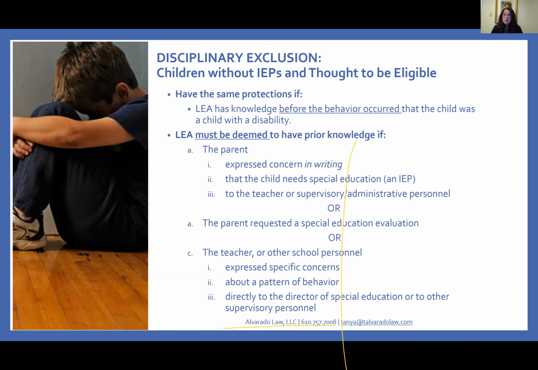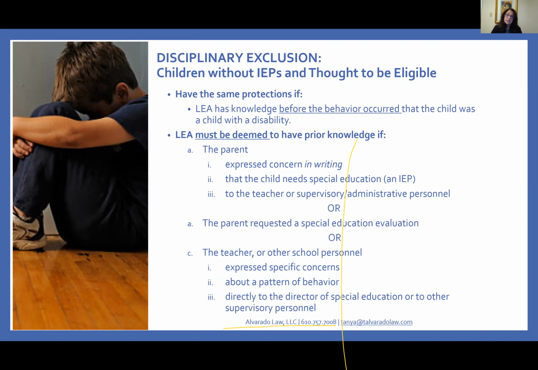And you have to have sent that to the teacher or an administrative personnel, the supervisor of special ed or the director of special ed, someone who supervises the teacher. Or if you've asked for an evaluation, you're in the middle of waiting for the evaluation to occur, and there's a change in placement situation happening, and you can prove that you've made that request, your child is protected.